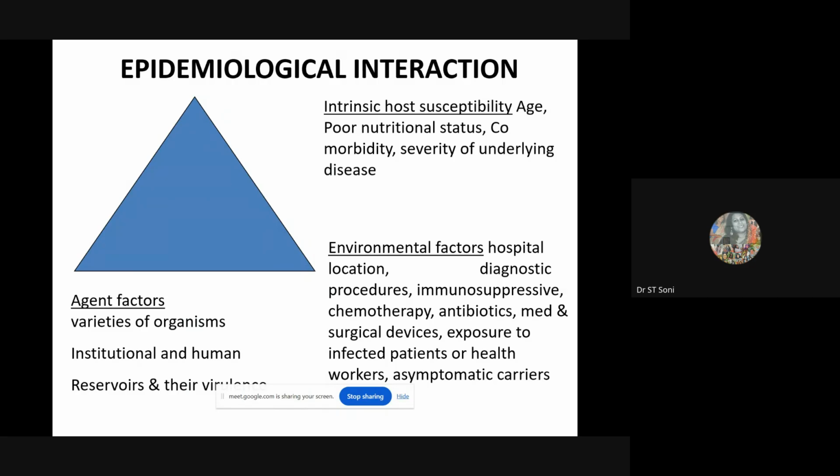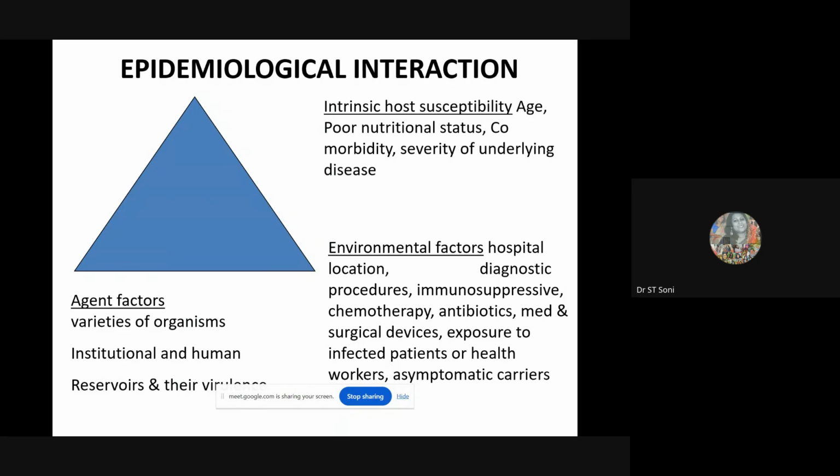The first is the host, the second is the environmental factors, and the third is the agent. Host: when we are working in a hospital, we all do not get sick. The susceptible hosts, those with very poor nutritional status, comorbid patients, underlying disease, are very fragile and they will catch the infection.